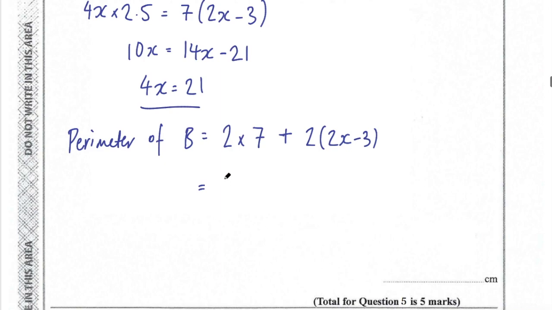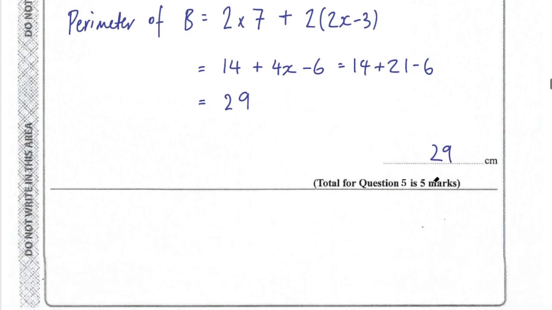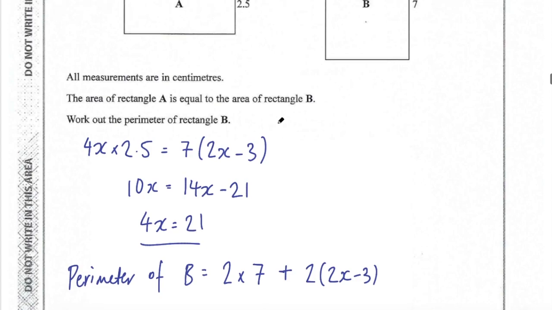And so that's going to be 14, and if we expand these out we get 4x minus 6, and we have an expression for 4x which is 21, so if we substitute 21 into this expression we get 14 plus 21 minus 6, and that equals 29. So the answer for the perimeter of B is 29 centimeters. And that's question 5 for 5 marks.